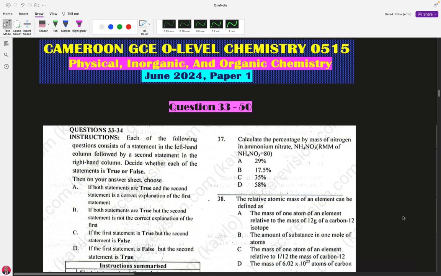Choose option B if both statements are true, but the second statement is not the correct explanation of the first. Option C if the first statement is true, but the second statement is false. And option D if the first statement is false, but the second is true.